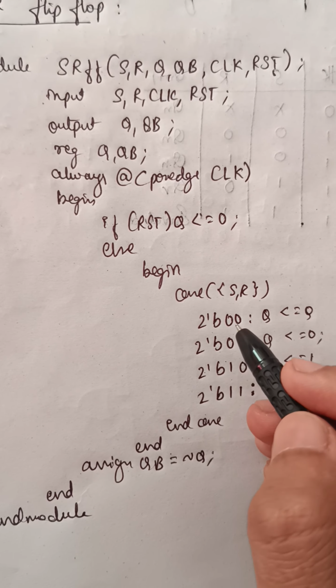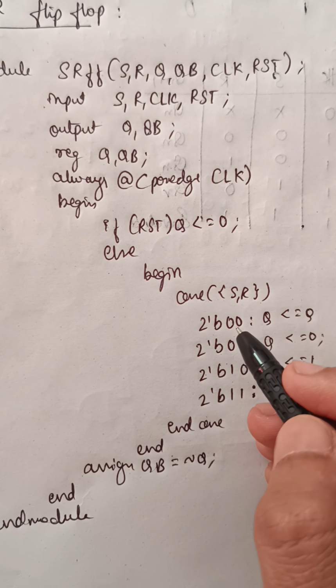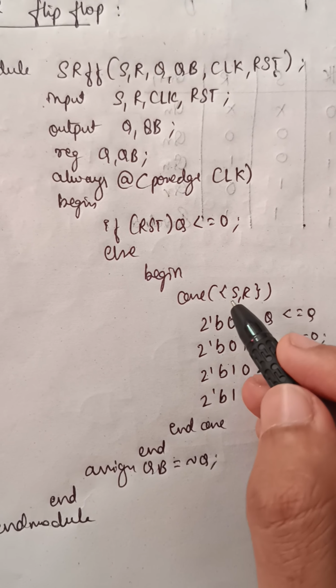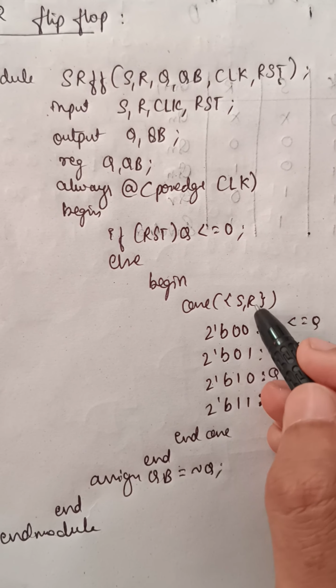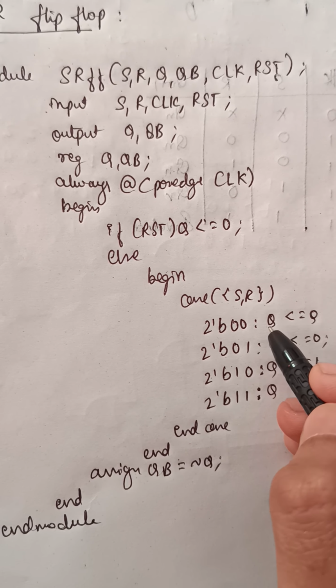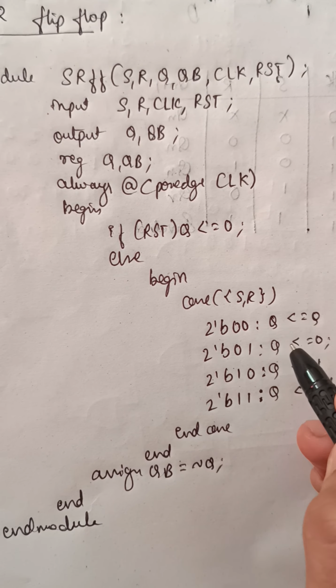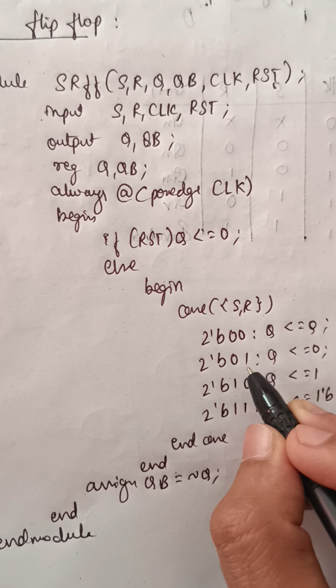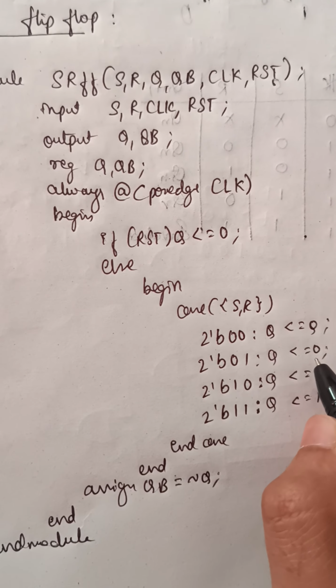Here it will look at the cases of SR, that is the inputs of SR. Here S is this and R is this. If S and R values are 0 0, then Q value will be Q. If S and R values are 0 and 1 respectively, then Q value will be 0.